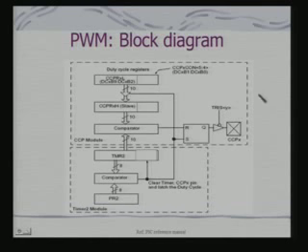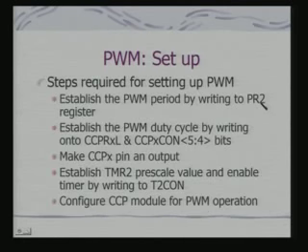So, what are the steps involved for setting up a PWM? The steps required: establish the PWM period by writing to the PR2 register, because I have shown you that when I do the comparison, that comparison would take care of the period requirement of the PWM waveform. Establish the PWM duty cycle by writing onto these two bits.